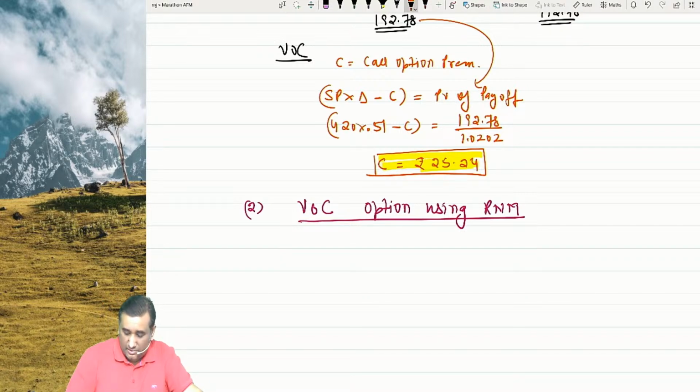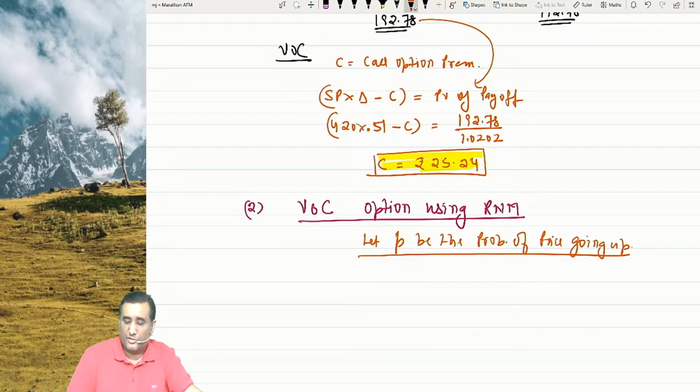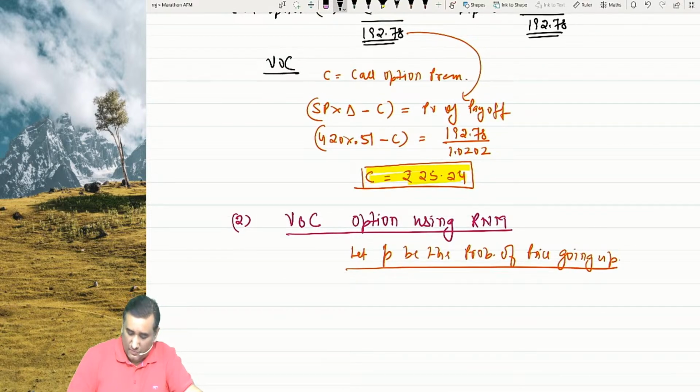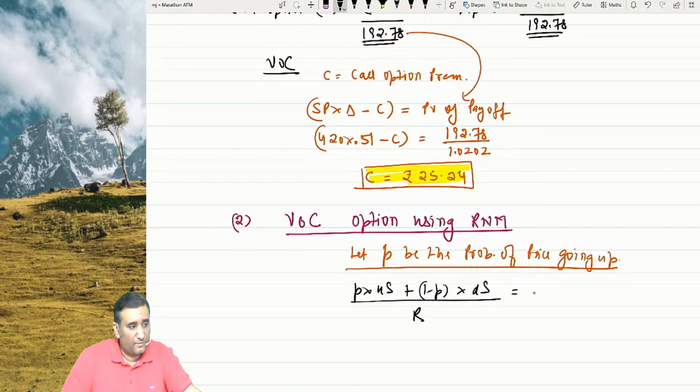Now in this case, upside. Actually, this is the formula: P plus 1 minus P, this after 1 year divided by capital R, what spot price.